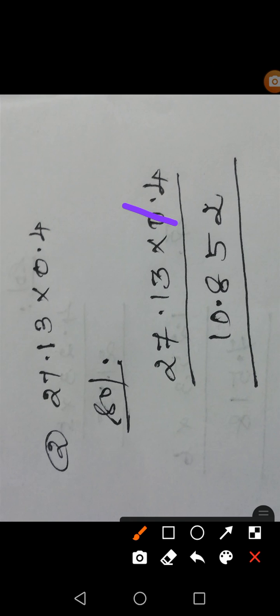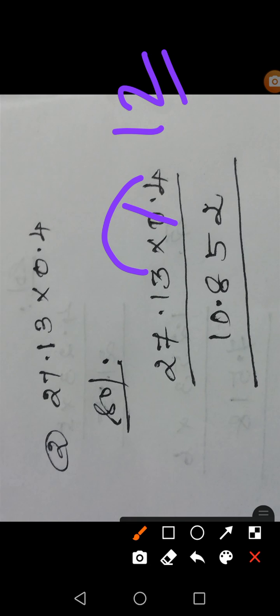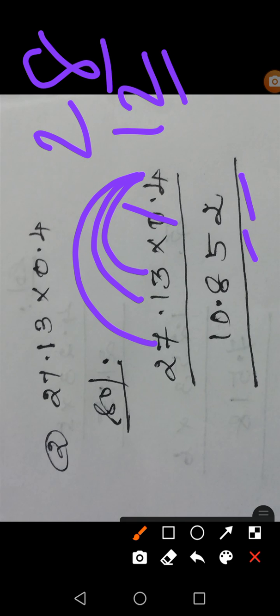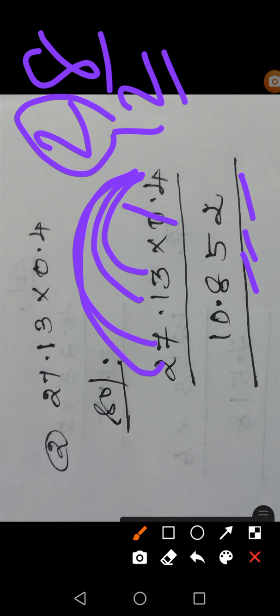Point in front of zeros is meaningless. So we want the product of 4 only. 4 threes are 12. You keep 2, remaining 1. 4 ones are 4, 4 plus 1 is 5. 4 sevens are 28. 8 is kept in place, remaining 2. Then 4 twos are 8, 8 plus 2 is 10. So we got the solution.